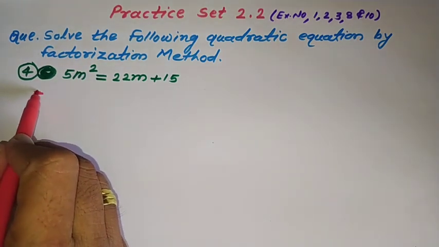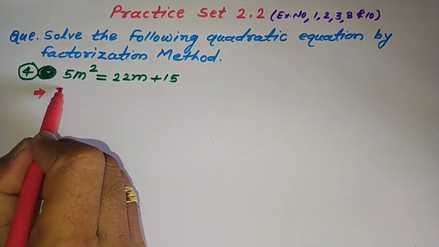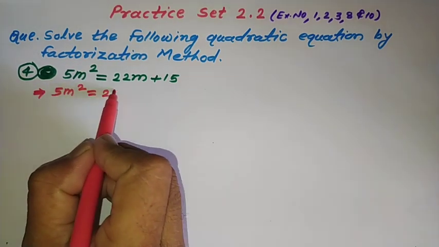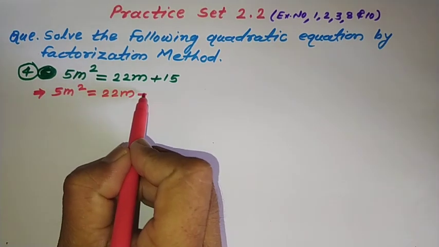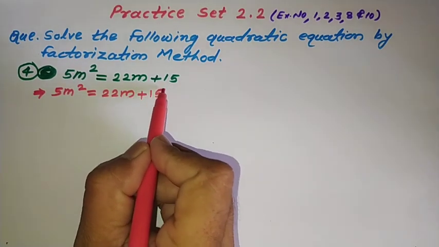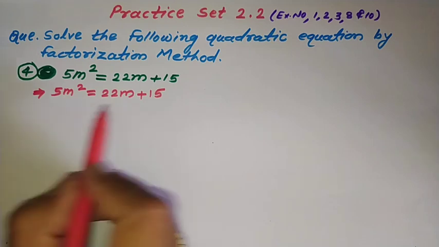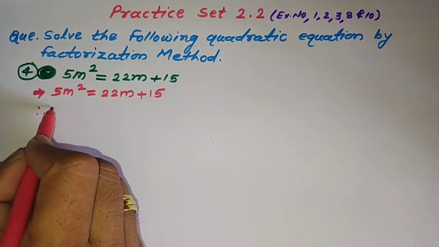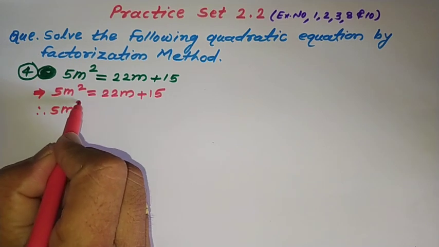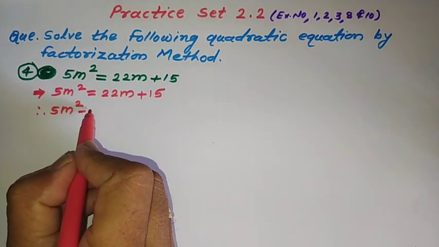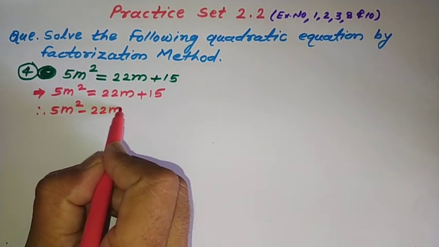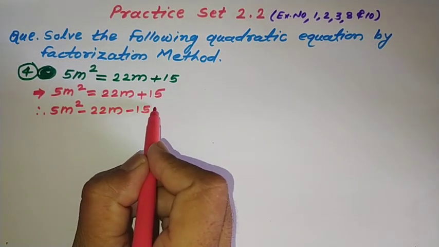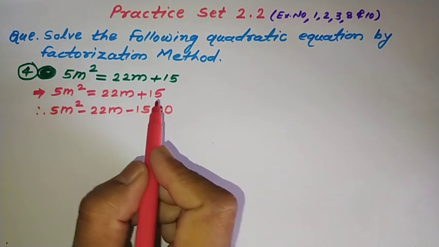First write down this equation, 5m square is equal to 22m plus 15. Write this equation in standard form of a quadratic equation: 5m square, 22m goes to minus 22m, 15 goes to minus 15, is equal to 0.